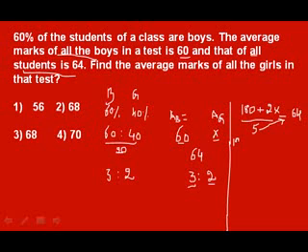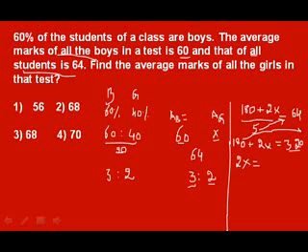So 180 plus 2 times X is equal to 320. Now this is a simple linear equation which I have to solve. So 2X is equal to 320 minus, now I'm taking 180 to that side, so 320 minus 180, that would be 140.